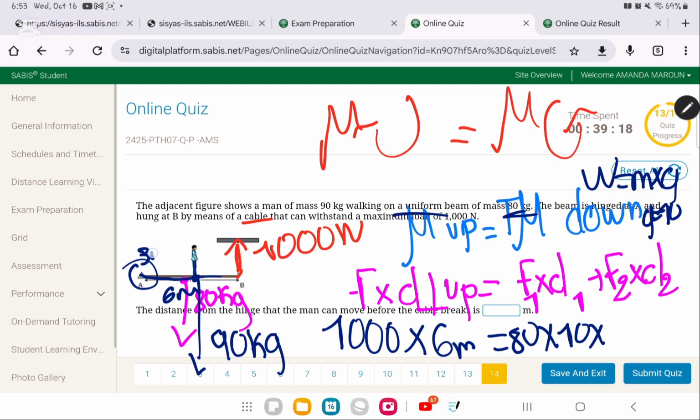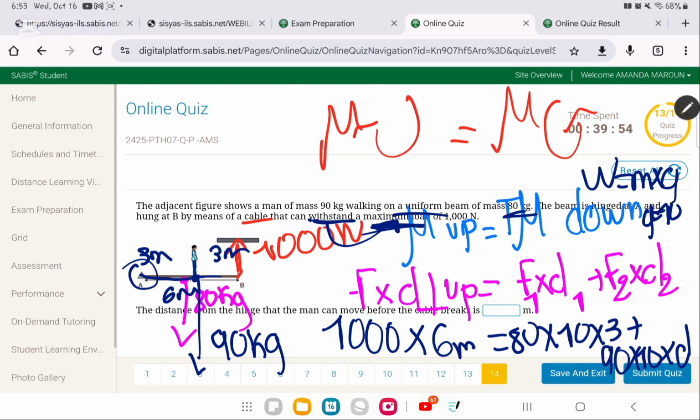So over here is going to be 3, and over here is going to be 3. So the distance from the weight of the uniform beam to the axis is 3 meters, plus force 2, which is the weight of the man, 90 kg times 10, times the distance he needs to walk. We know that it can withstand a maximum load of 1000 newtons.